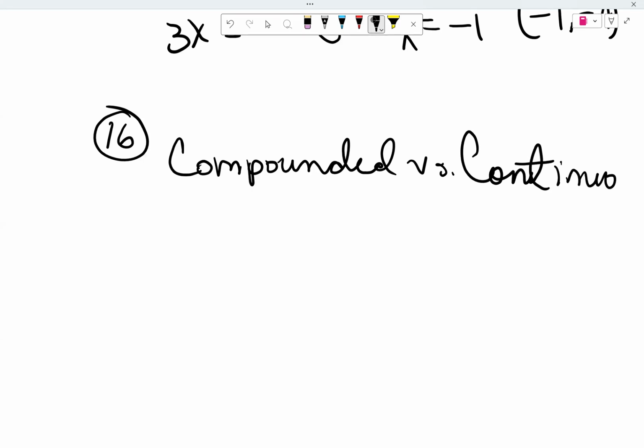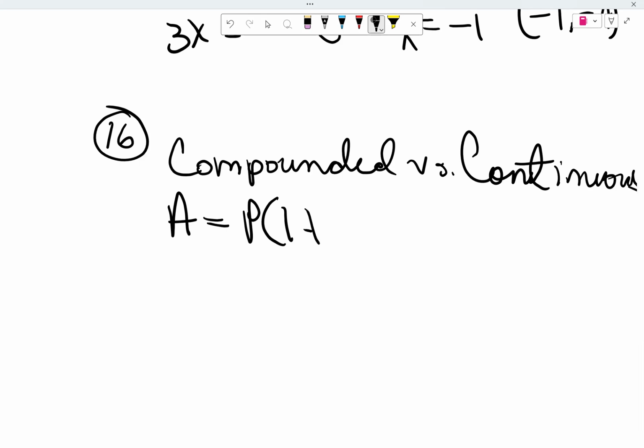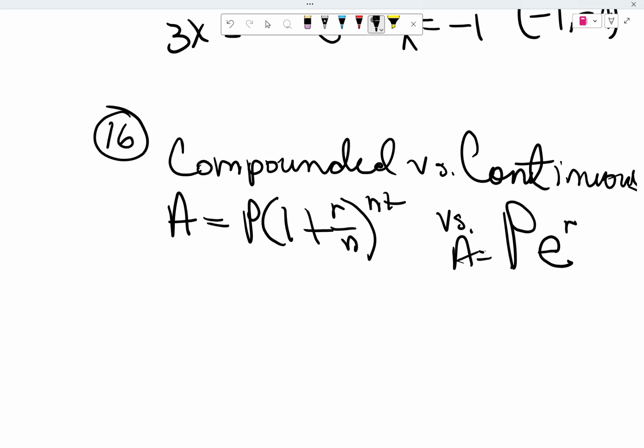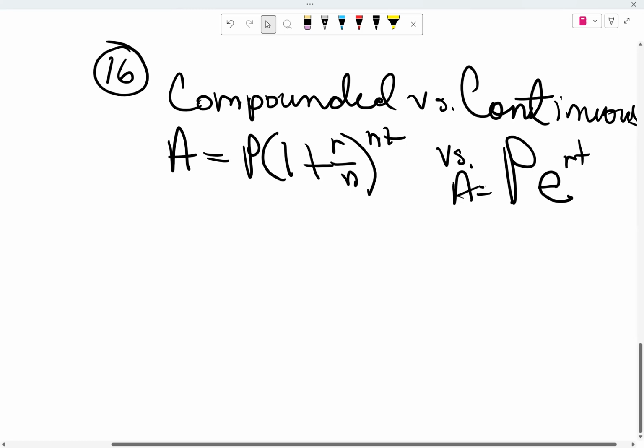If you look at this carefully, compounded interest is A equals P times 1 plus R over N, raised to the NT, versus the PERT, which is A equals P, the principal amount, times e raised to the RT. Now, in number 16, they're not even asking you for PERT, because technically they're asking you both compounded interest.